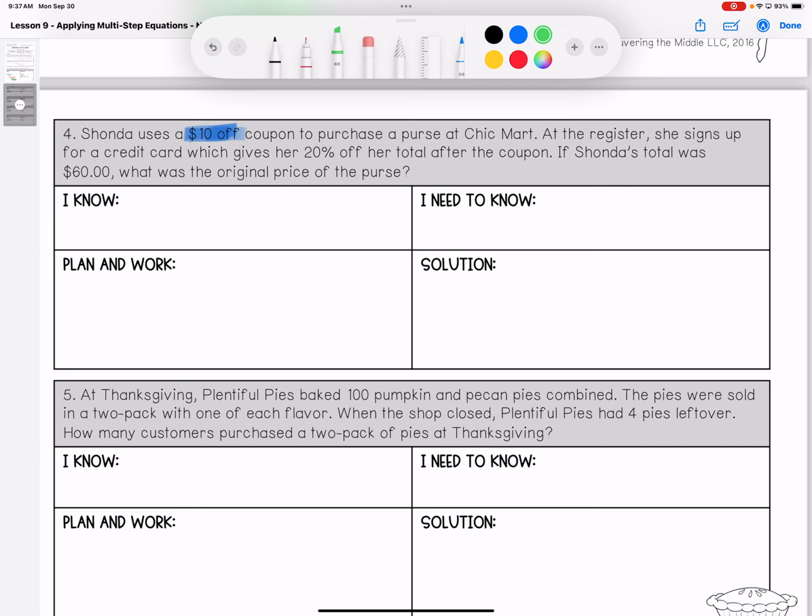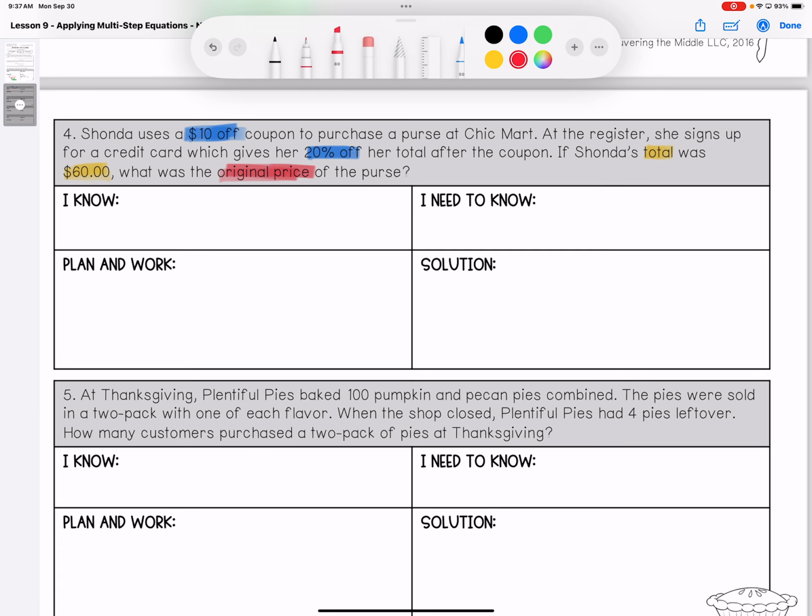At the register, she signs up for a credit card, which gives her 20% off. So now we've got another 20% off. So we got more money off of her total after the coupon. If her total was $60, so we know it's going to be total, which is equal 60. What was the original price?